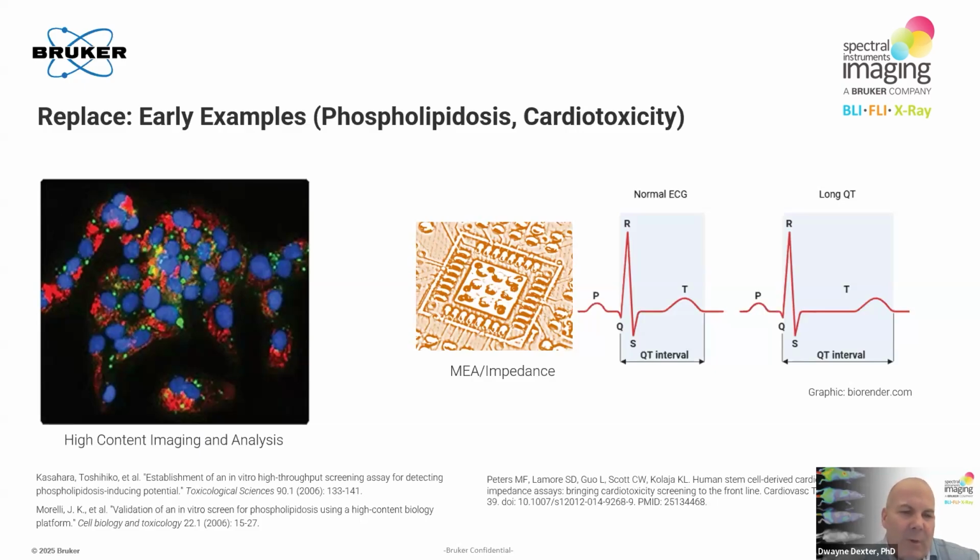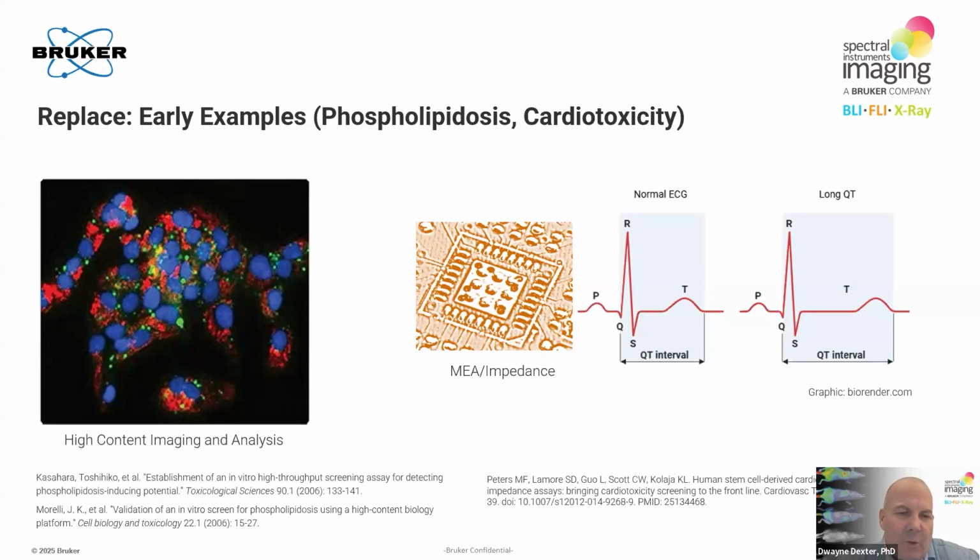Traditionally, this model was done in rodents, rats, where you would dose the animals with various concentrations of the compound, sacrifice animals at endpoints, do histopathology, and look for lipid accumulation. Very labor-intensive and costly approach here.